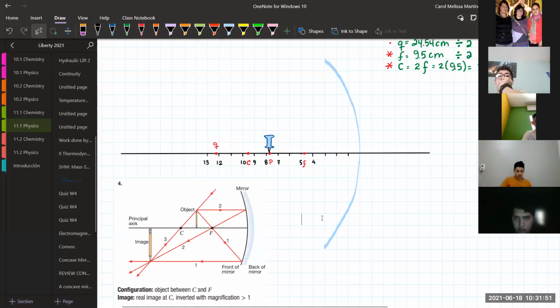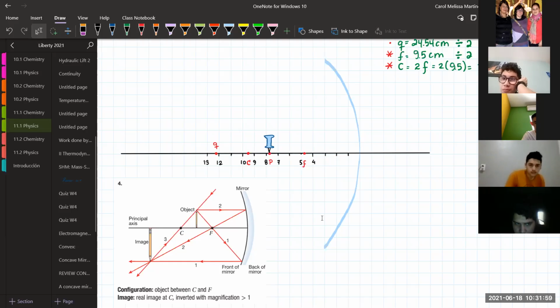And we're going to follow the rays. So take a look, the first ray comes from the top of my object, passing through the focal point, I touch the mirror, and then I go back straight horizontally. So that is what I'm going to do right now.